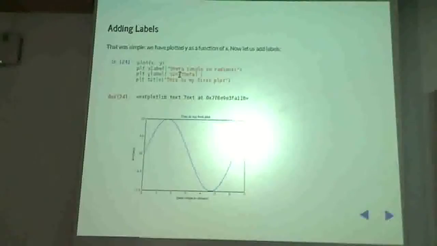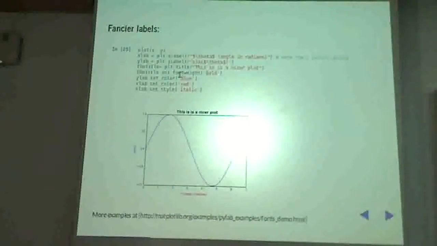People will say, no, with this theta we want a Greek symbol there. How do we use Greek symbols? If you want to use Greek symbols, and you'll see here that there are Greek symbols, you do plot(x, y), but instead of saying theta as a string, you put an r in before the quotes.